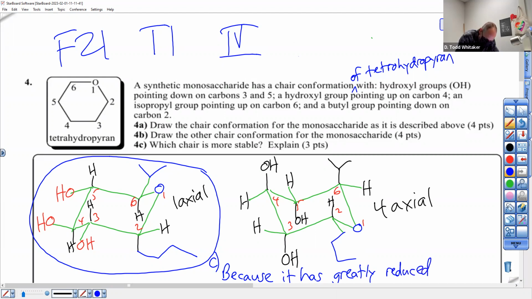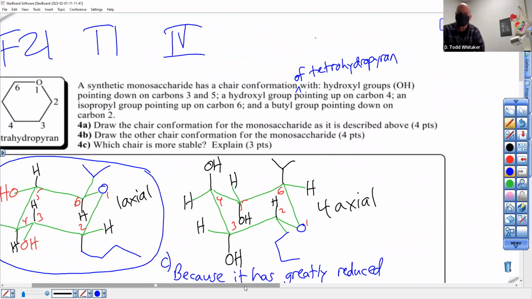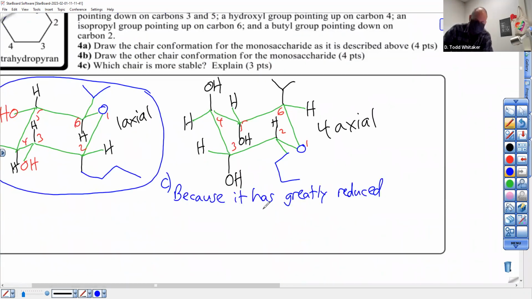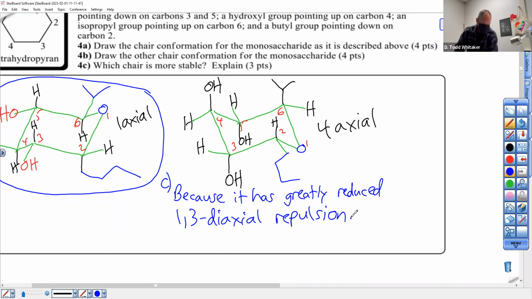Magic words, 1,3-diaxial. It's got numbers in it. 1,3-diaxial repulsion. They don't like each other, that's correct. There's only one axial group. Yeah, it's the only one experiencing such negative interaction.